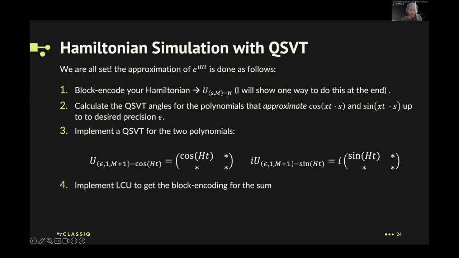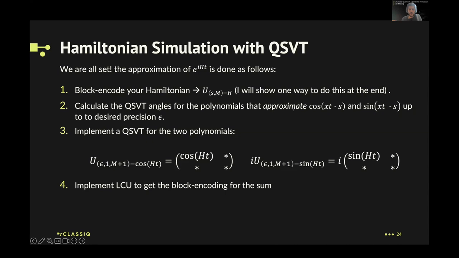And so assume that you have your block encoding Hamiltonian. The second thing you need to do is to find the QSVT angles for approximating the polynomials cos xt times s and sin xt times s up to some desired precision epsilon. Okay, you can approximate this by polynomials such as the Chebyshev polynomial.